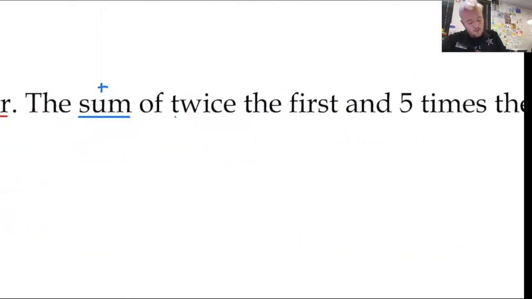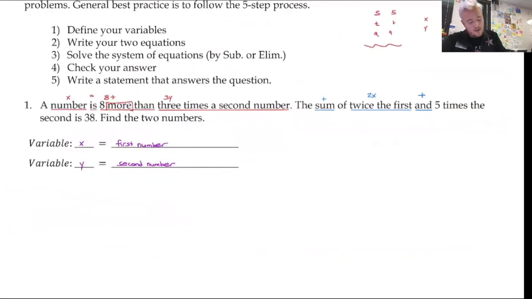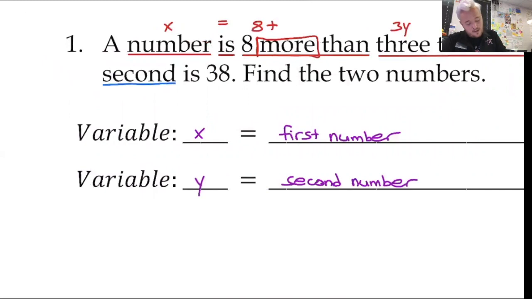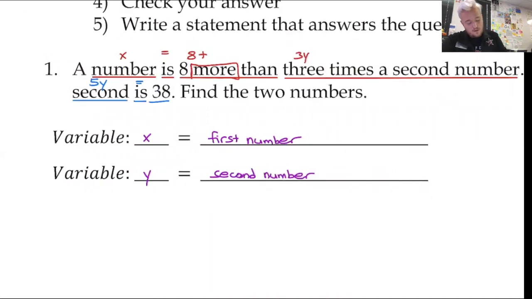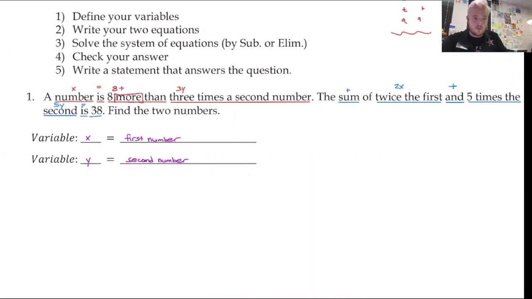So the sum of twice the first, so twice the first number, so 2x, and 5 times, so here we say and, which means plus, 5 times the second, so 5y, is, so equals 38. So my next equation is going to be 2x plus 5y equals 38.